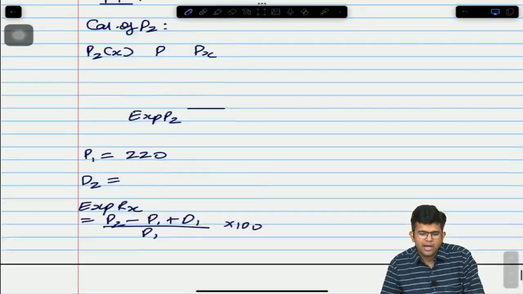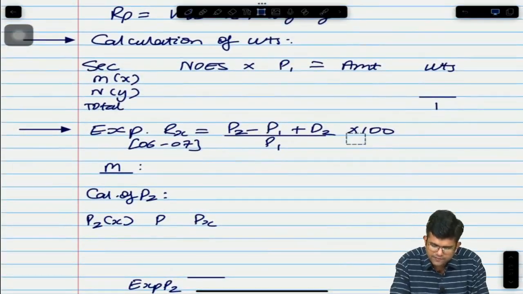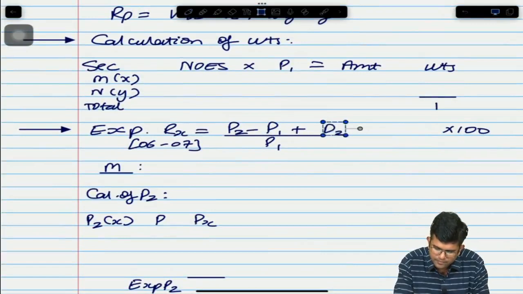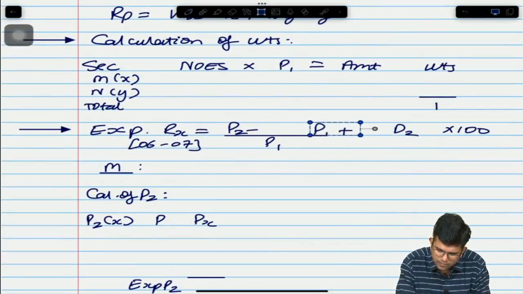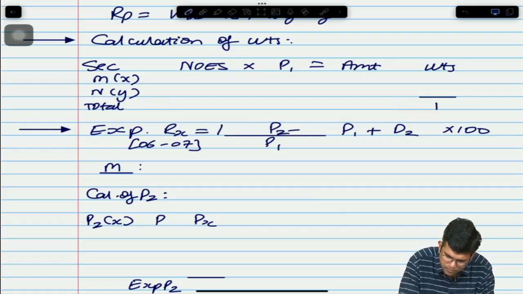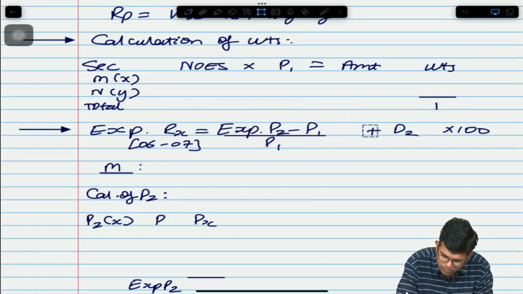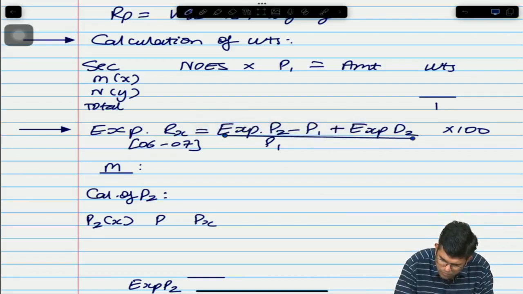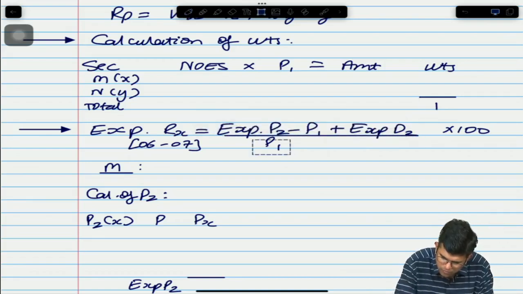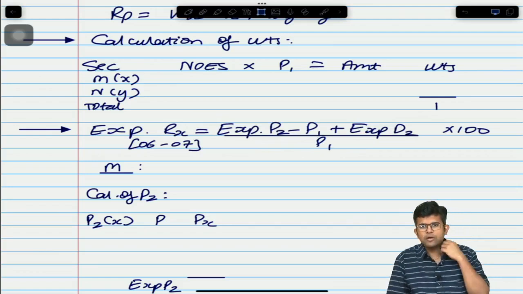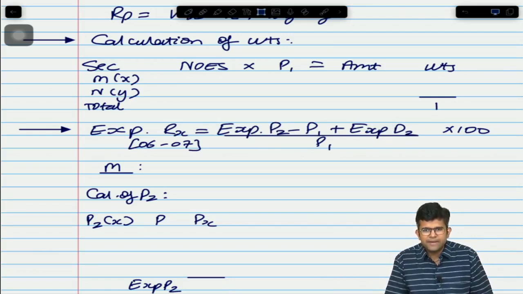You know what? I can also make this like this for you. See if this is making more sense. See now, only P1 is actual, other everything is expected.